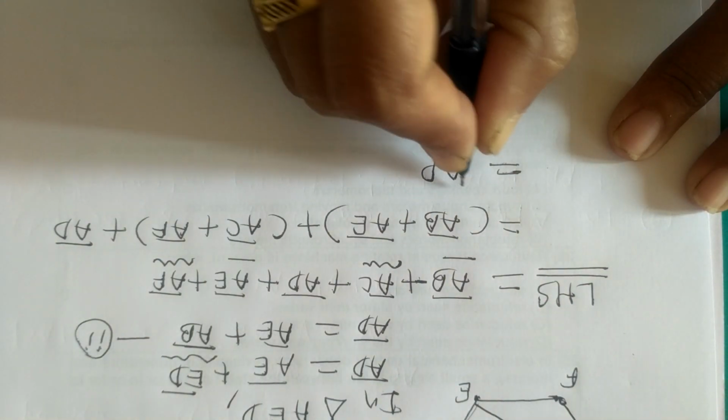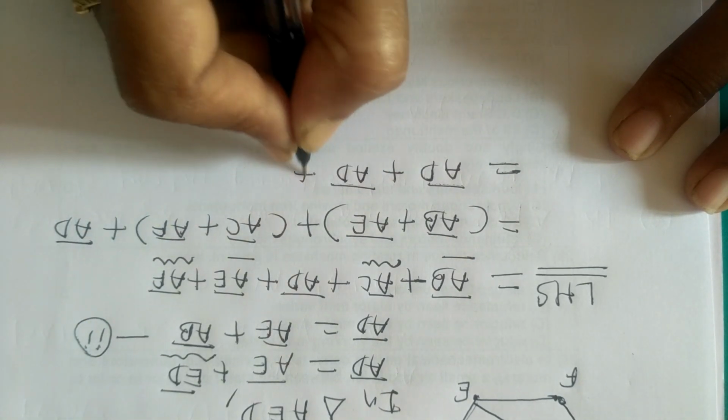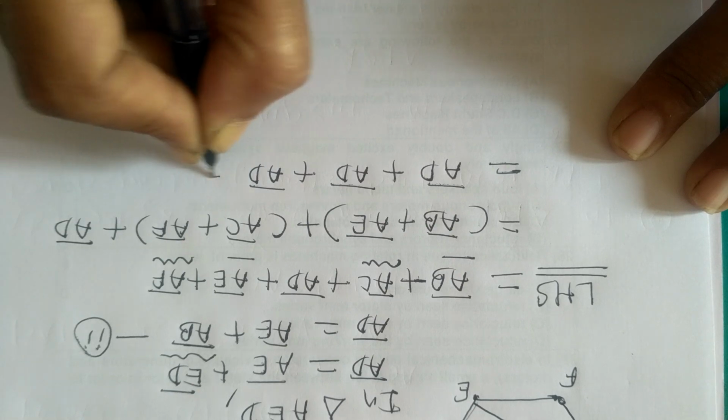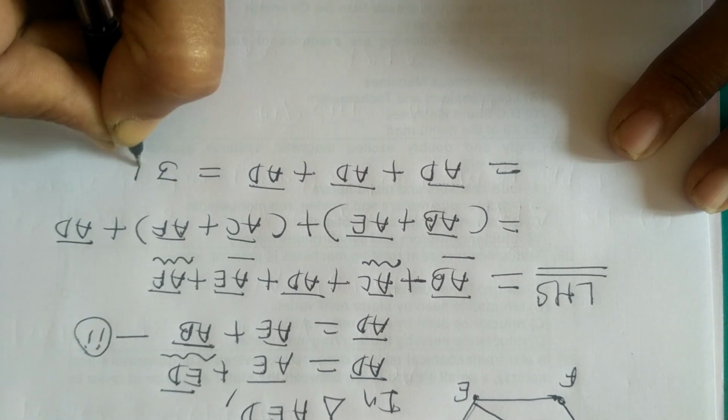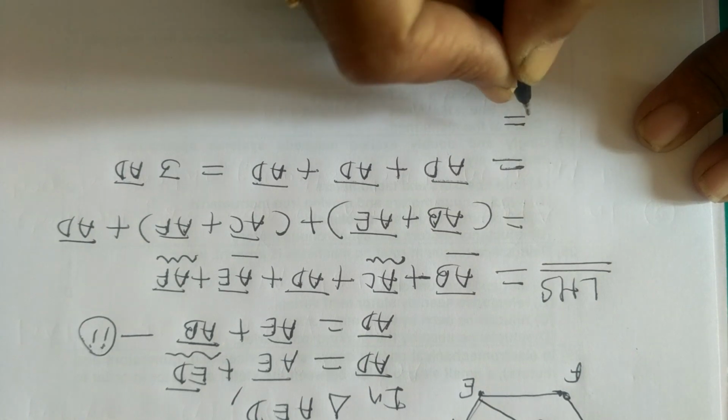So this addition is nothing but AD bar. Again the second addition is AD bar from equations 1 and 2, and the third vector is given already, AD bar. So we get 3 times AD bar.